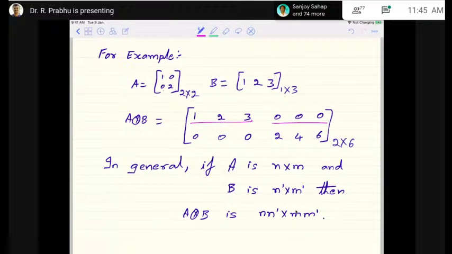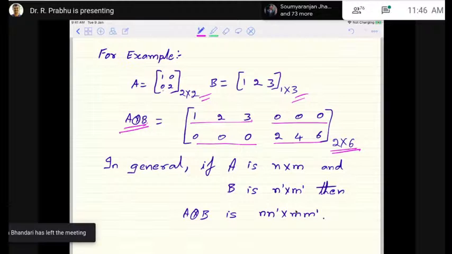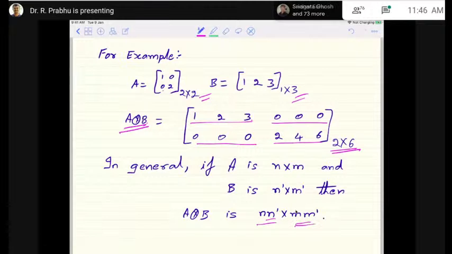Then a21 multiplied with B gives you 3 zeros, and the a22 element is multiplied with the B matrix. Therefore, when you take the tensor product of A and B, you will get a 2 cross 6 matrix corresponding to these two matrices. So in general, A is an n cross m matrix, and B is n prime cross m prime. Then A tensor product B has dimension n times n prime by m times m prime.